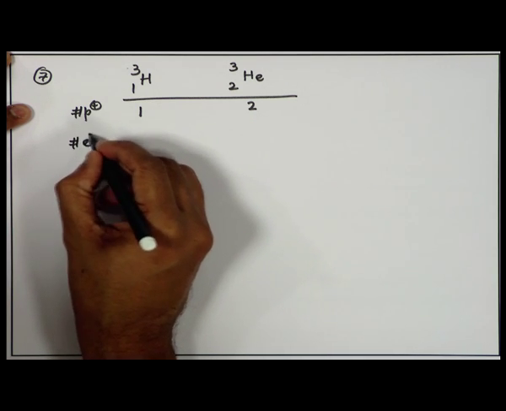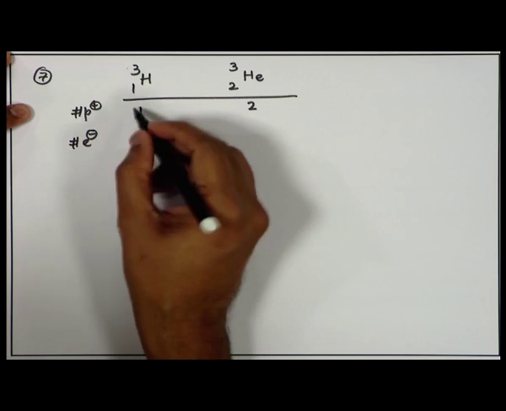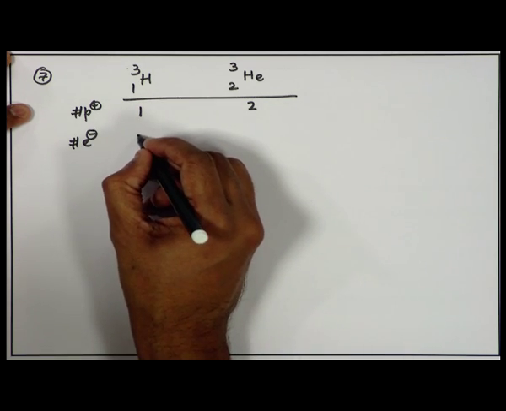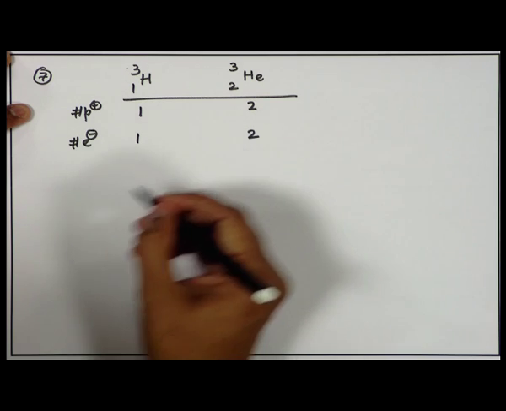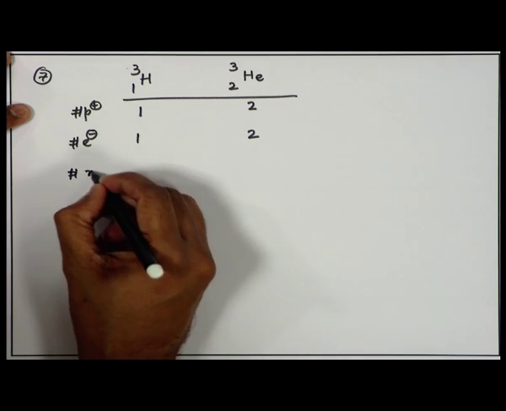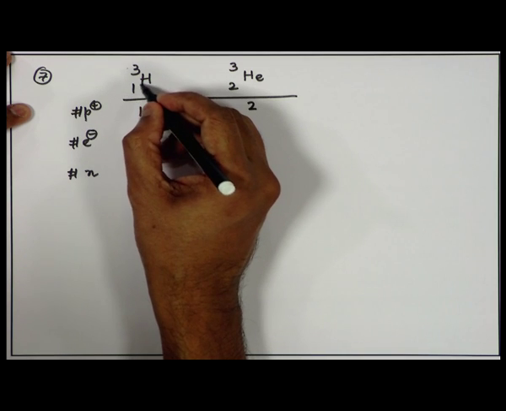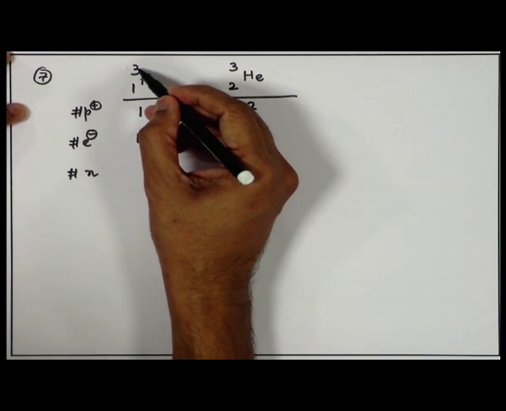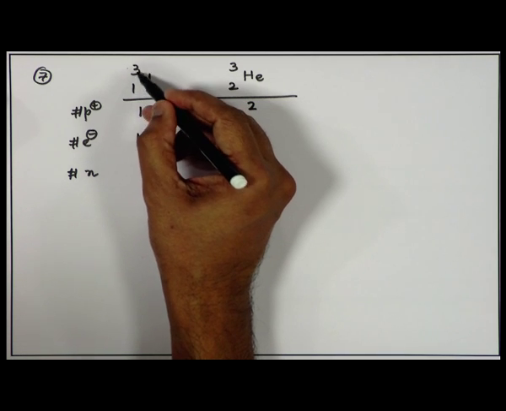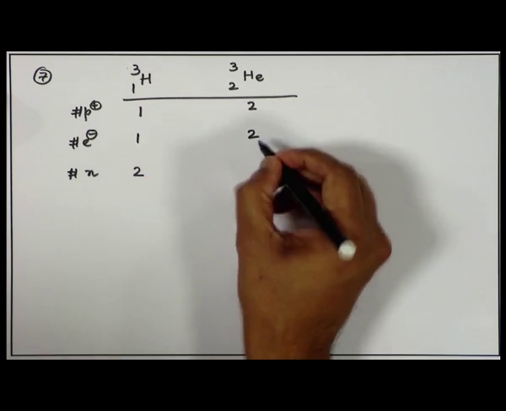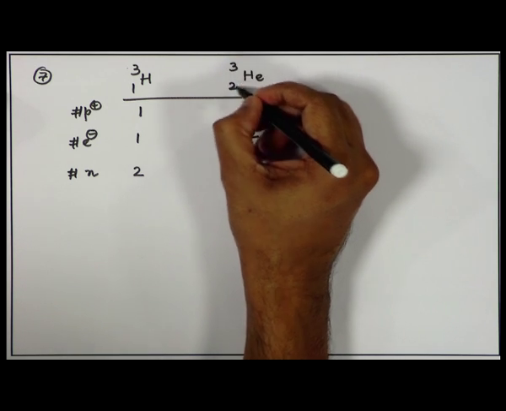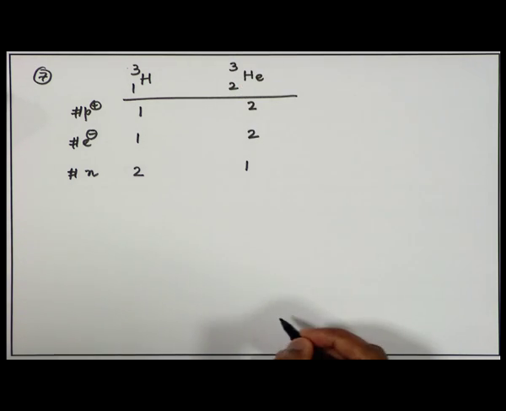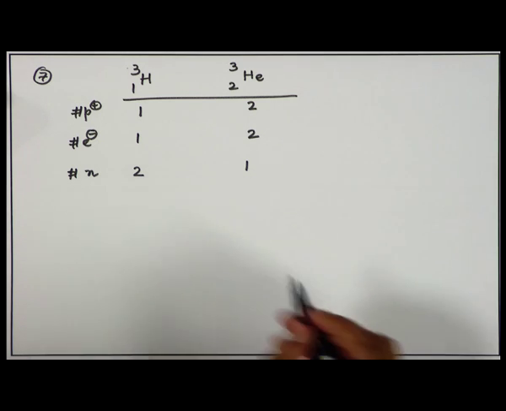Number of electrons: both are neutral, so the number of electrons must be equal to the number of protons in each case. And the number of neutrons: the mass number is 3, so 3 minus 1 is 2. In this case, the number of neutrons is 3 minus 2, which is 1. So, the number of neutrons is 2 or 1.